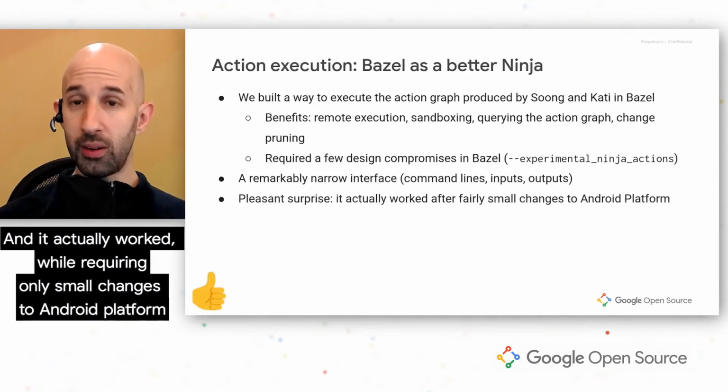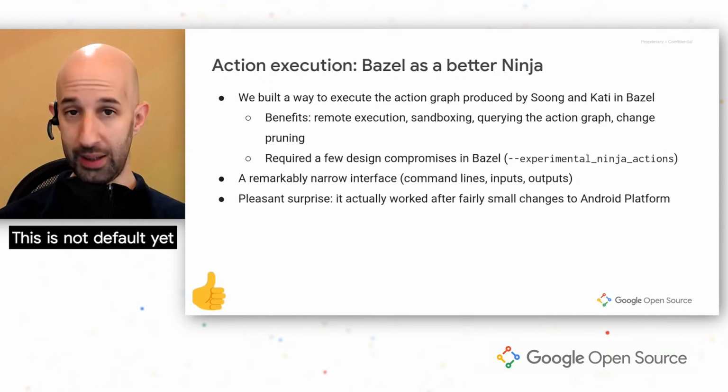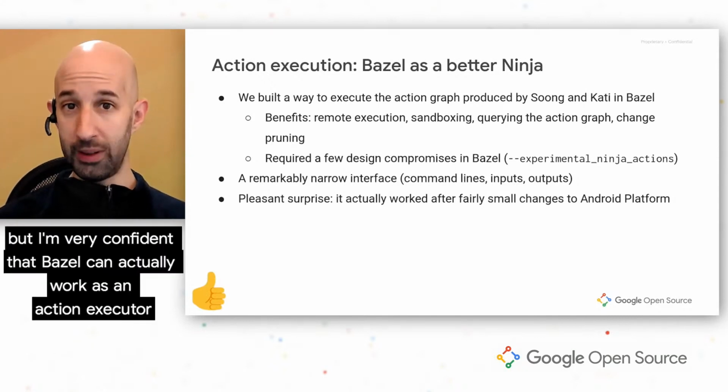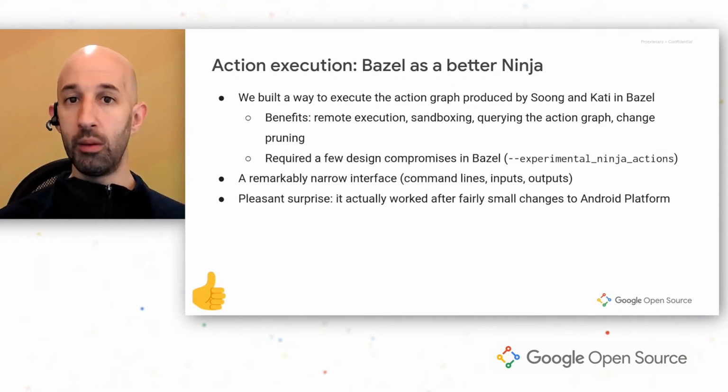And it actually worked while requiring only very small changes to the Android platform, mostly to specify a missing input or output here and there. This is not default yet, but I'm very confident that Bazel can actually work as an action executor, and it provides a bunch of benefits already.